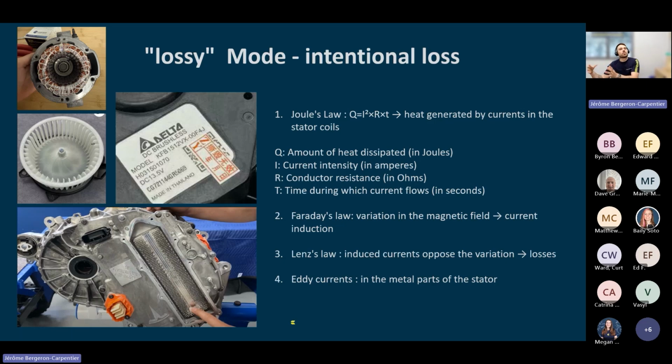So basically, we have that lossy mode, where it's an intentional loss of heat or energy, where what you're going to do is desynchronize the phase of the stator. So it's going to be with the induction of the permanent magnet rotor. It's going to create a lot of induction, which means a lot of heat, a lot of energy.